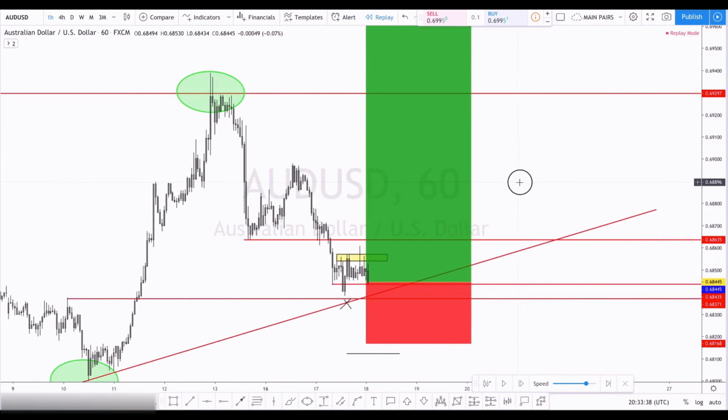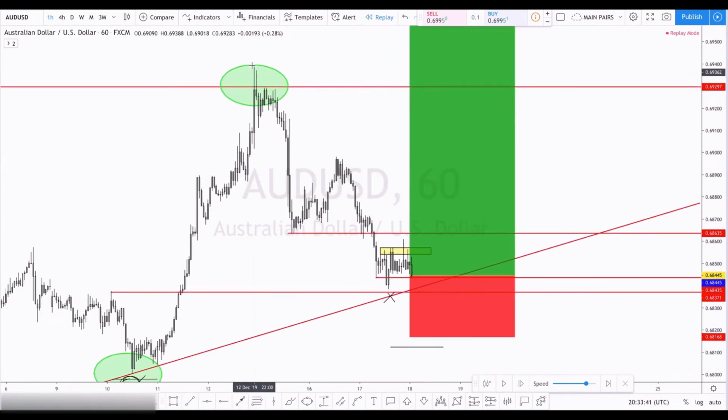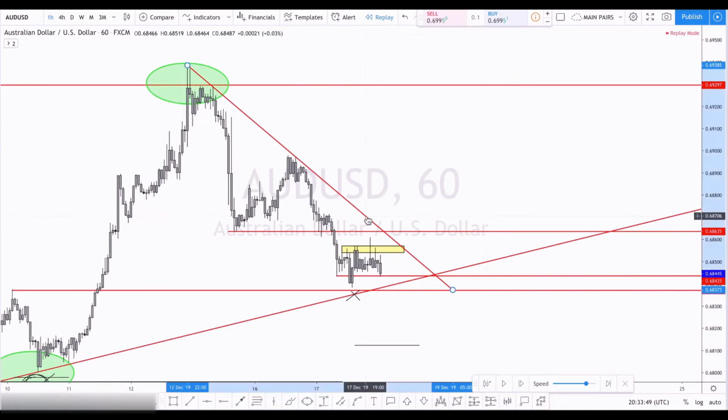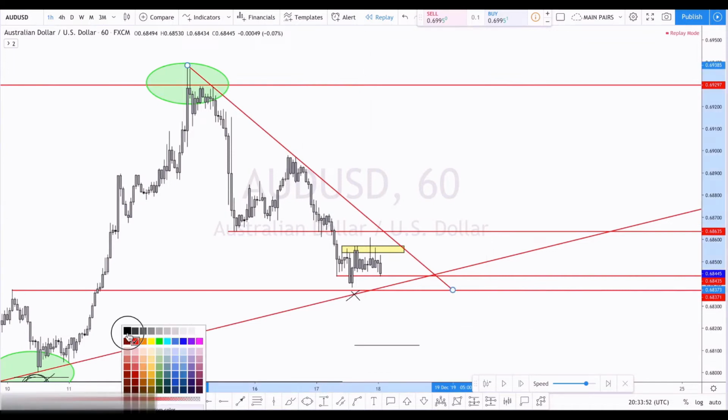How can we further increase the confidence of this trade? We've got this high down here. So again, look at what we've got. Exactly the same structure that I just mentioned at the beginning of this.